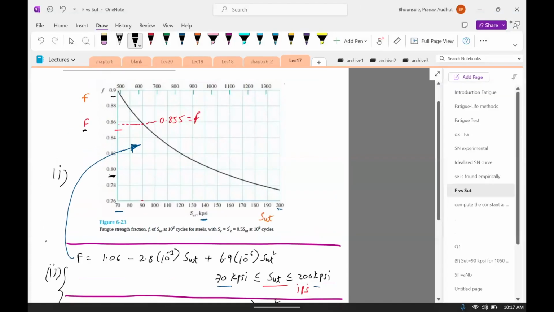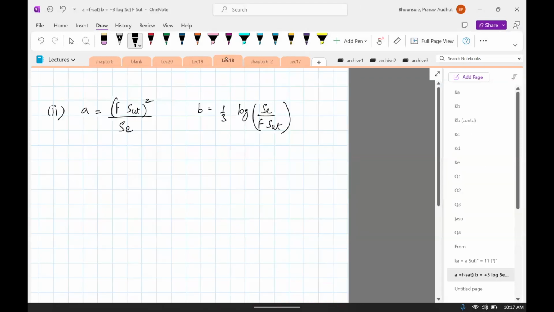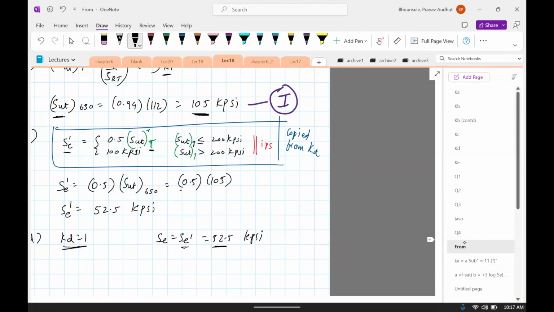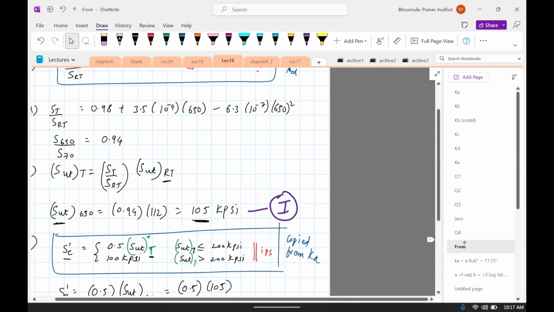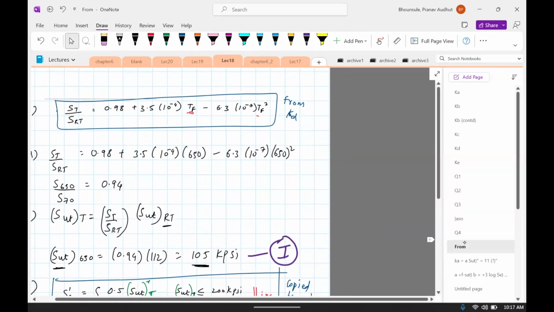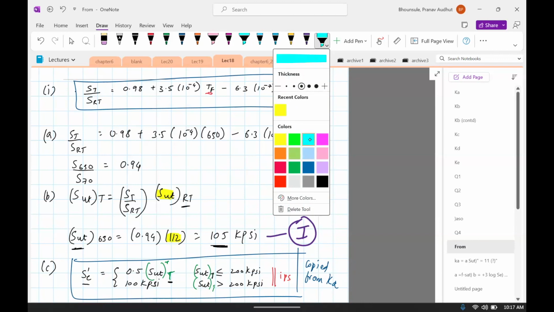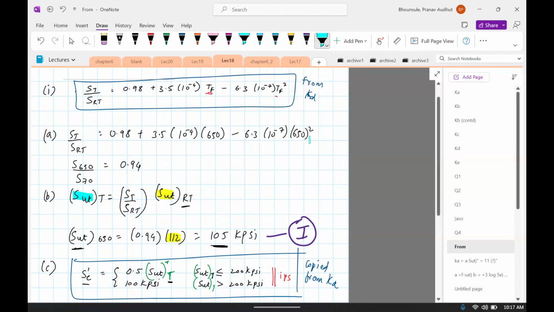So for that, we go back to the problem and try to figure out what Sut is. I think I did it here. Okay, so for Sut there are two values. One is the value at room temperature, which is 112. And then there's a value at the operating temperature, which is this one, 105.